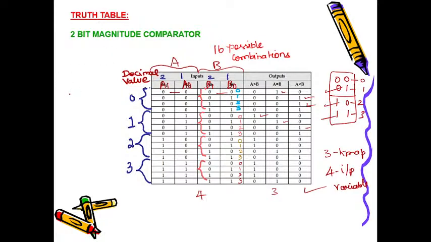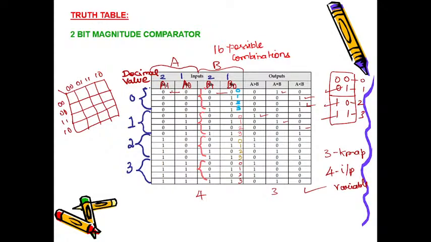So what K-map would you draw for A greater than B? 00, 01, 11, 10. Here also 00, 01, 11, 10. Always I've instructed, if you want to plot the K-map, just take it as such.